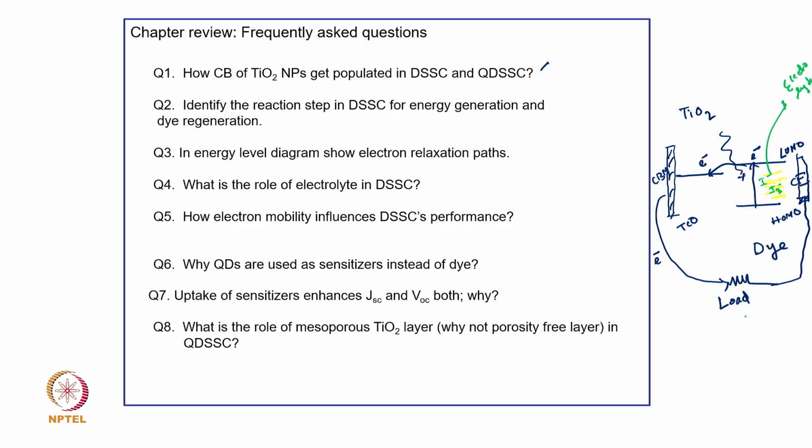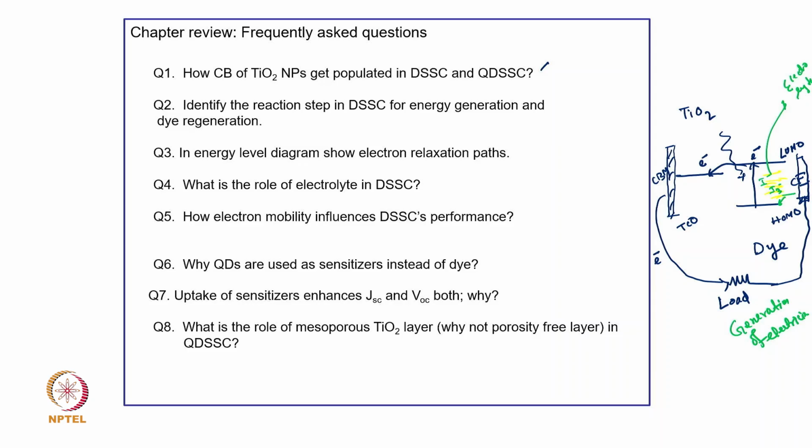So, this is the reaction for generation of power, and then this HOMO gets electron from the redox level of the electrolyte and the dye regeneration takes place, and again it follows the path from HOMO to LUMO. So, this is the entire process which is happening in the case of dye sensitized solar cell.